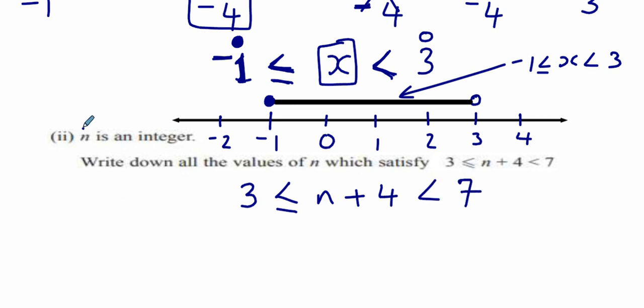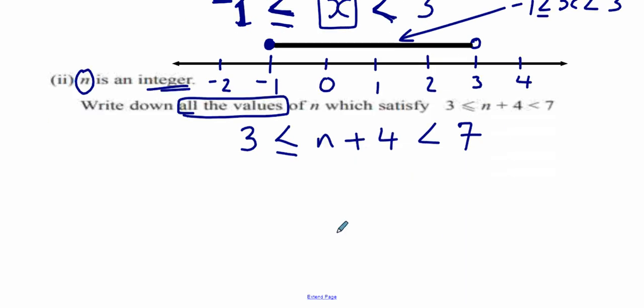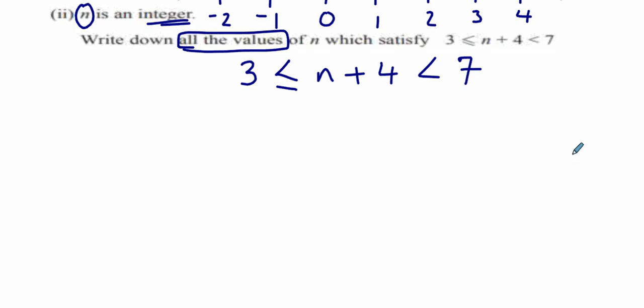But now they are talking about n is an integer. Write down all the values. We need to list all the values of n which satisfy this inequality. Okay, remember what we discussed? Let us first work out the value of n. That means let us set n free.